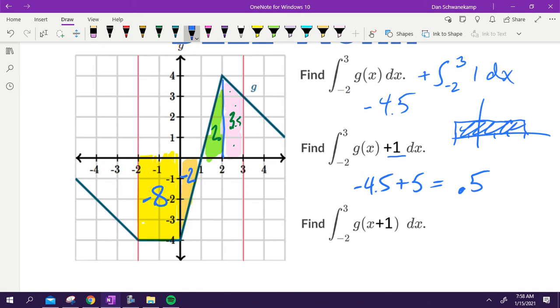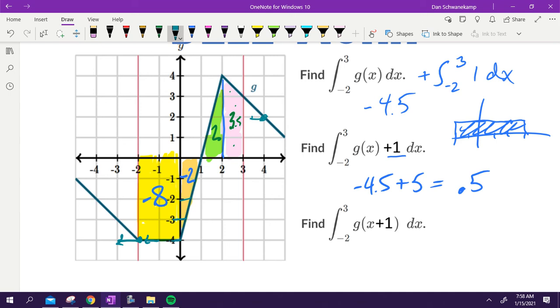My last one, I'm going from -2 to 3, g of x plus 1, point. Which direction is that +1 going to take your graph? It is shifting you to the left one. So if I'm shifting to the left one, think about what that means. My red lines don't change. I'm still going between -2 and 3, but I'm taking every point on this graph and I'm shifting it to the left one. So all of these shift over. This shifts over. This shifts over.